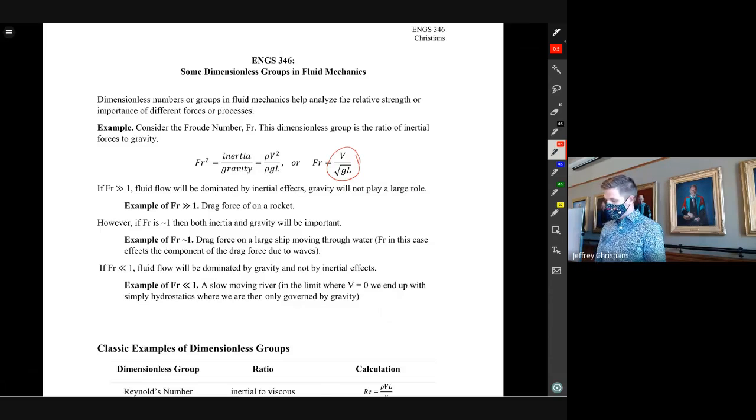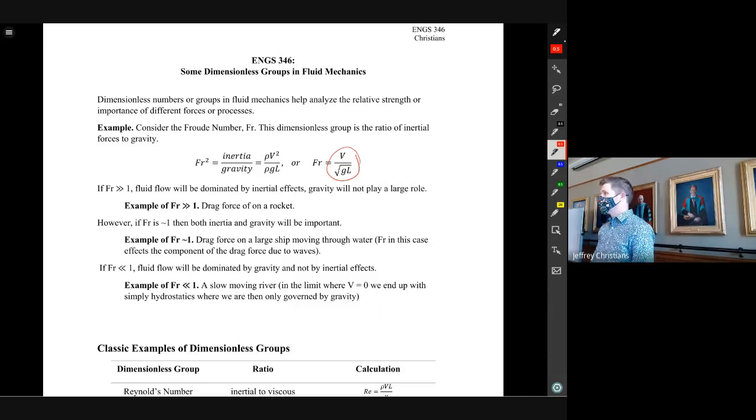Different example, if you have a really big boat moving through water, the Froude number is ballpark 1. Maybe not exactly 1, maybe it's like 5 or 0.2 or something like that, but it's close-ish to 1. It's not 1,000.